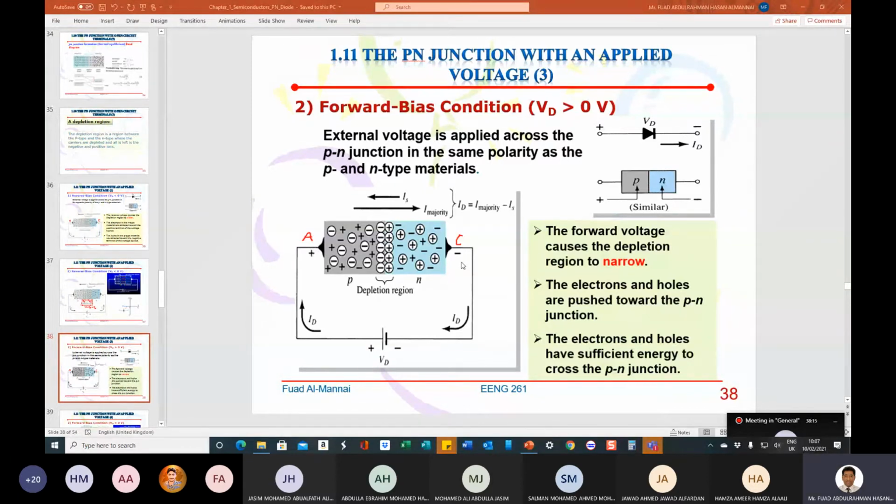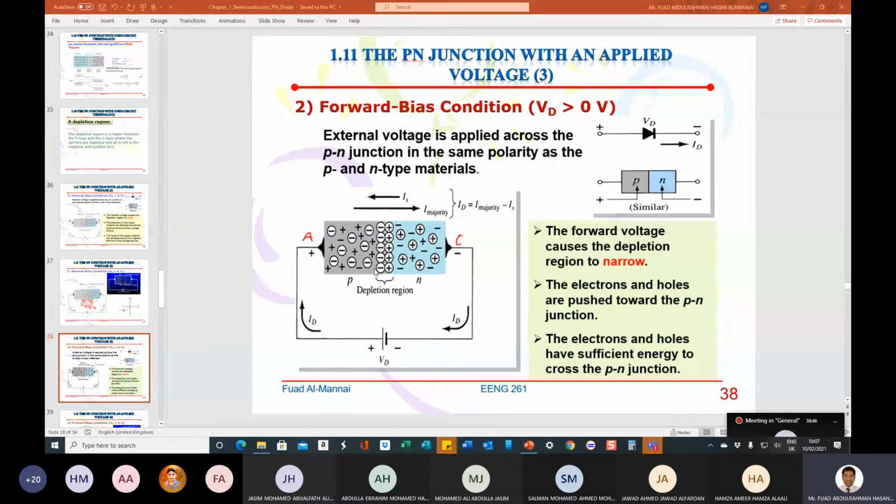What will happen is that the majority carriers, which are the electrons in the N-type and the holes in the P-type, are going to cross each other. They push the depletion region and usually just destroy it.